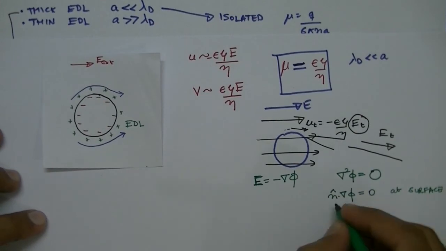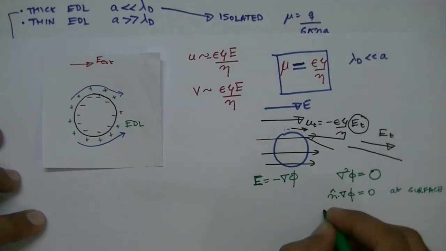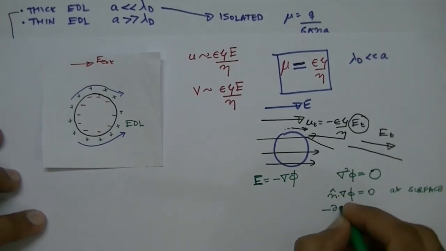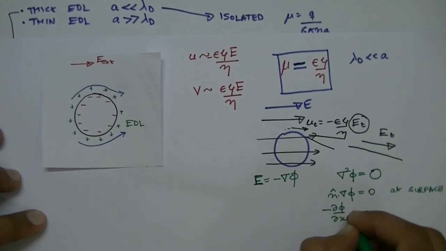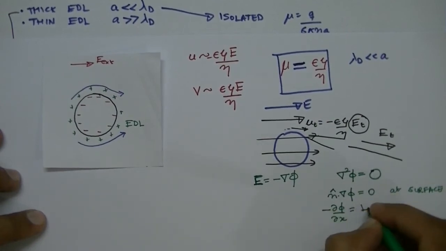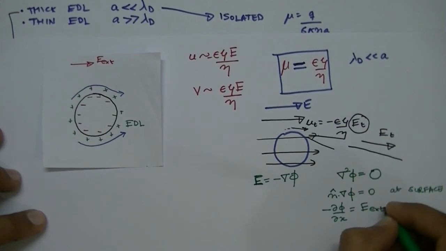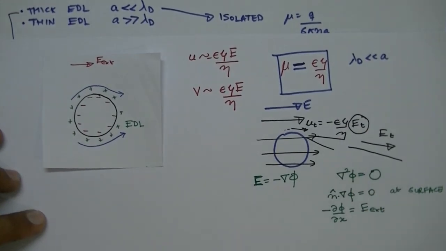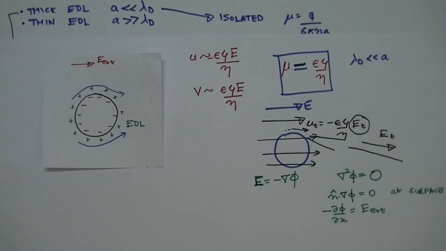And in the far field, because we are applying an external electric field, minus del phi by del x should be equal to the external electric field that we are applying. These are the equations for the potential.